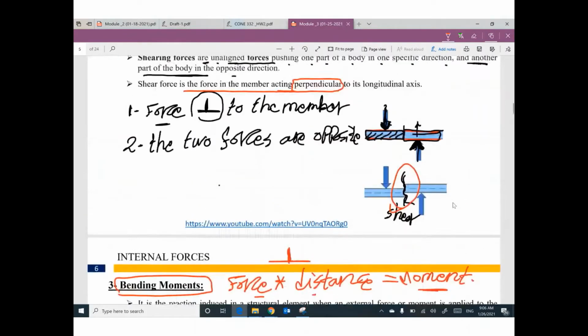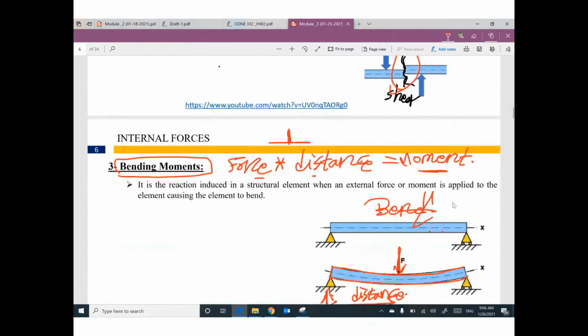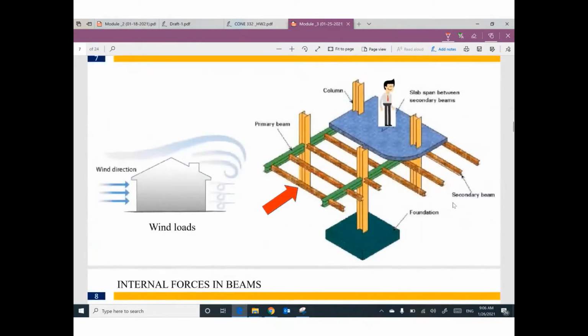So keep in your mind, any structure around you at this moment, you have to expect internal forces. I cannot watch them, but they are there. Axial force, shear force, and bending moment. Can you watch this building? You are standing at this position.